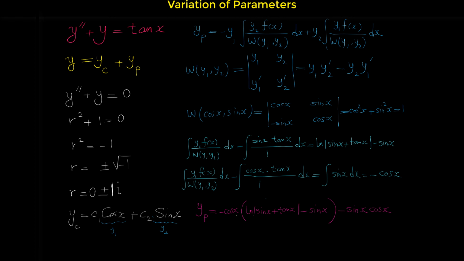If we multiply negative cosine x by this in the bracket, negative cosine x times negative sine x is sine x cosine x, and here we have a negative sine x cosine x. So it's better to write your answer as y particular equals negative cosine x times ln of secant x plus tangent x.